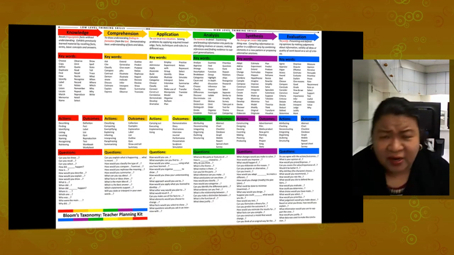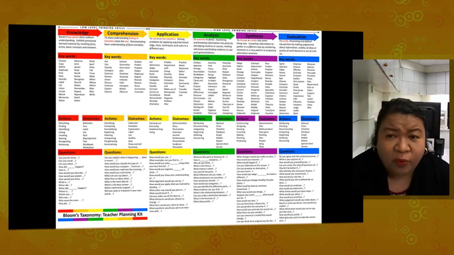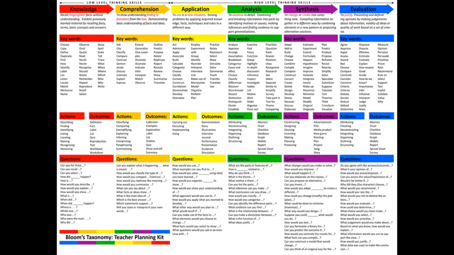Okay, so this slide is a very, very useful slide because when you are going to plan a lesson, you identify what level you want your objectives to be. And here you see that there are keywords already, because one of the most important things is for you to be able to write the objectives of your lesson plan.